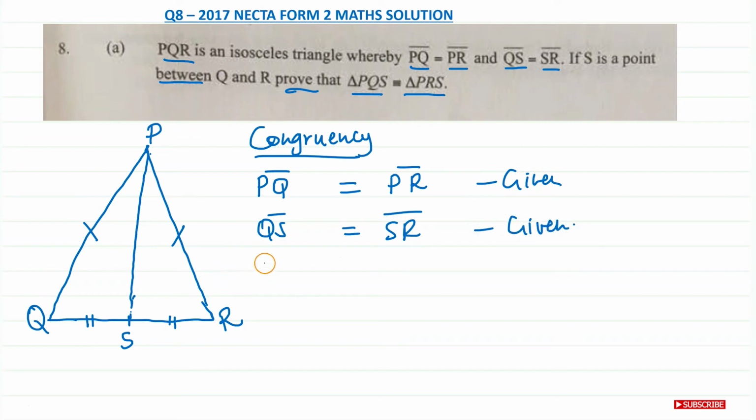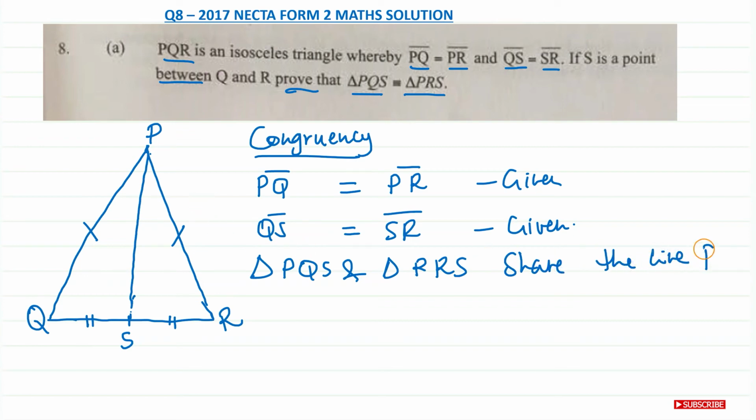But we also know they share the line PS. So what we can say here, triangle PQS and triangle PRS share the line PS.